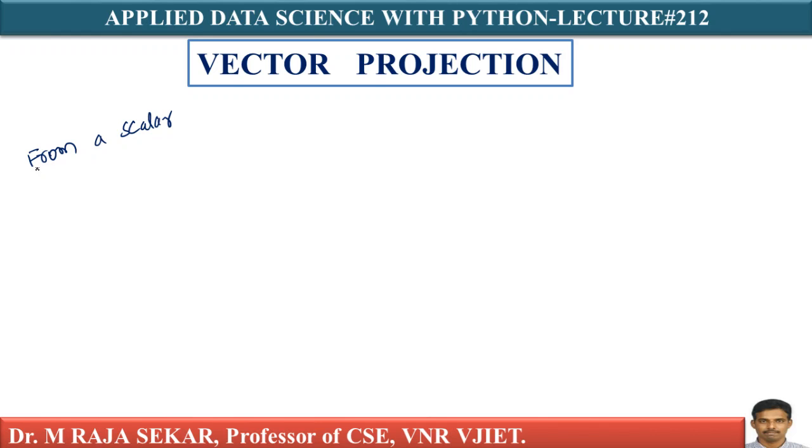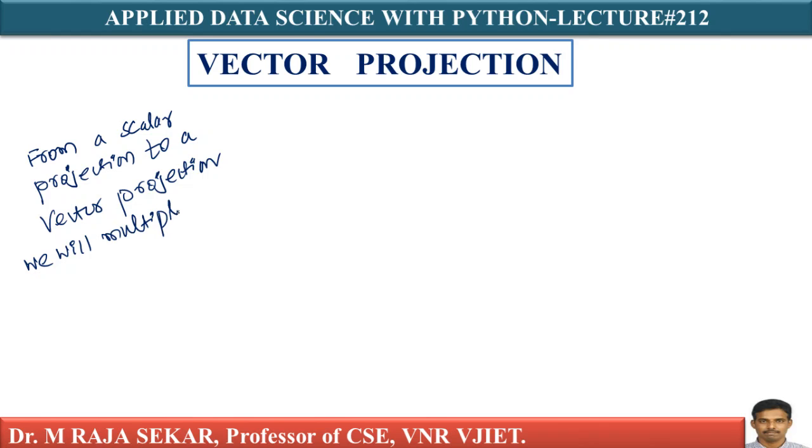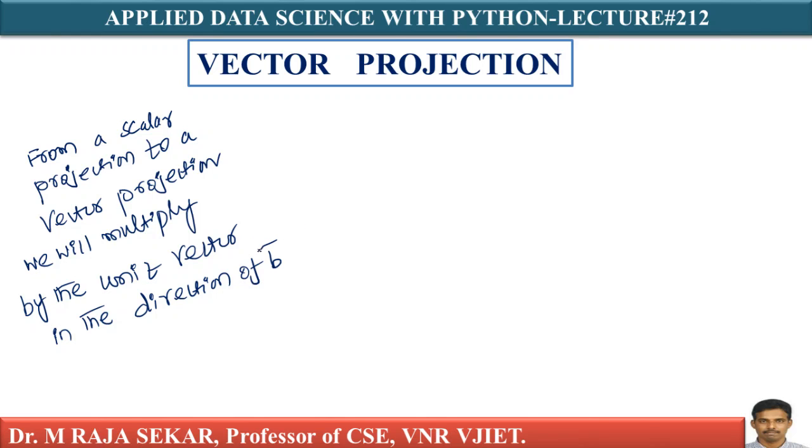To go from a scalar projection to a vector projection, this point is important, we will multiply by the unit vector in the direction of B bar, that is where the shadow is going to fall.